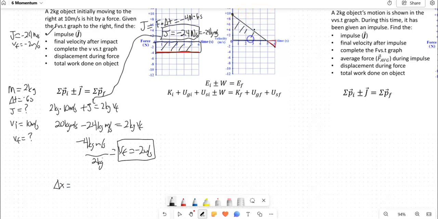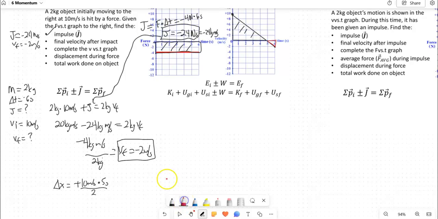That right there is a rectangle, which I'm seeing is positive 10 times 5, 10 meters per second times 5 seconds. But since it's a triangle, which is half a rectangle, we're going to divide that by 2.